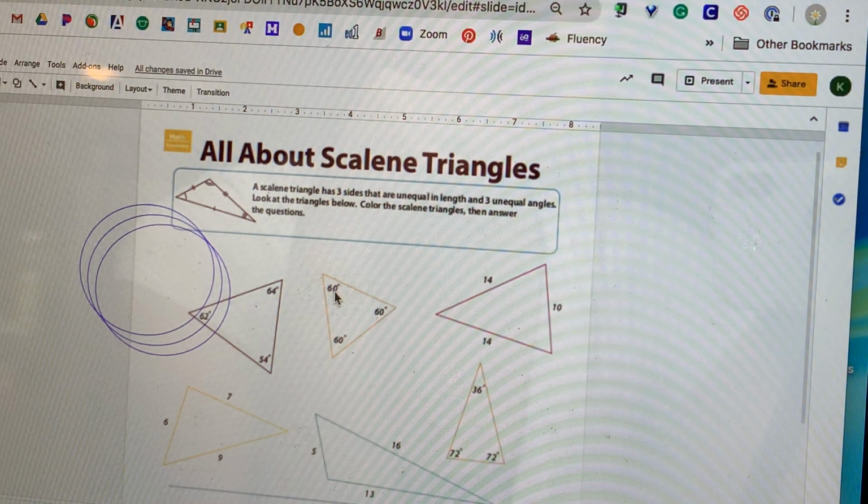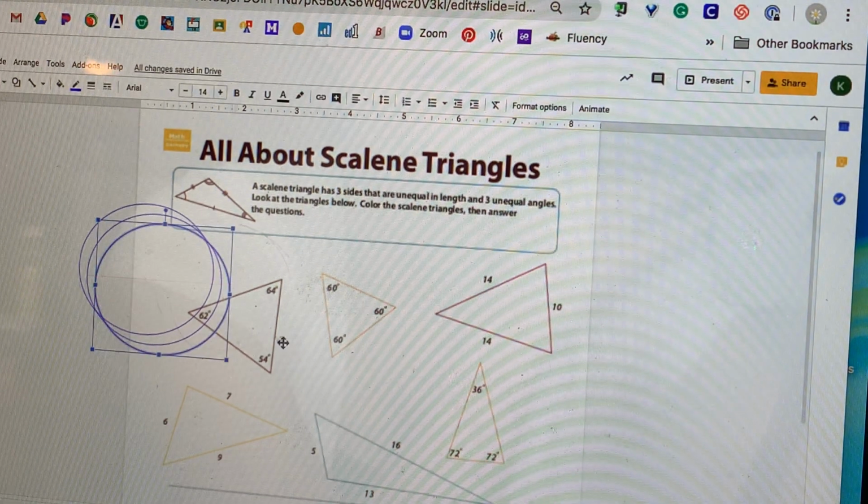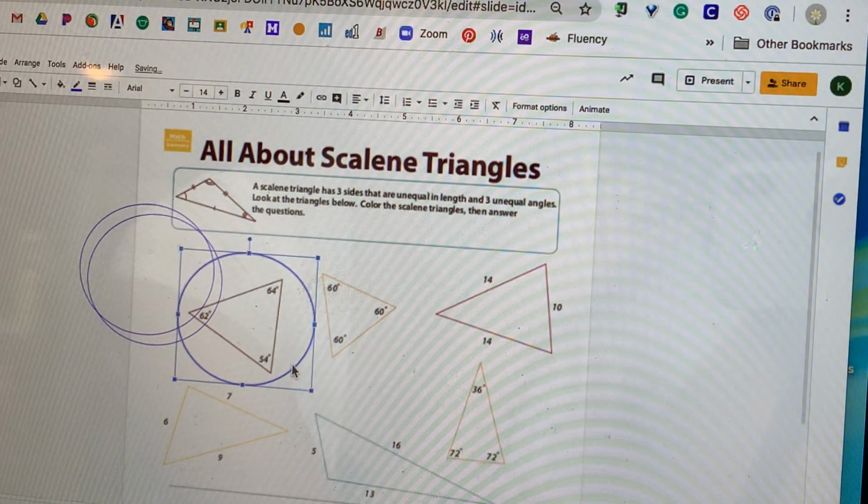Okay, this one has 60, 60, and 60. That's an equilateral triangle. It is not a scalene triangle. That does not get a circle. Okay, this one over here is 62, 64, and 54. Those are all different angles. So I'm gonna circle that one.